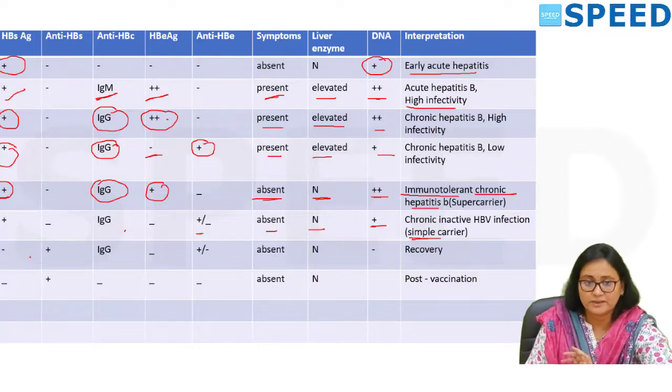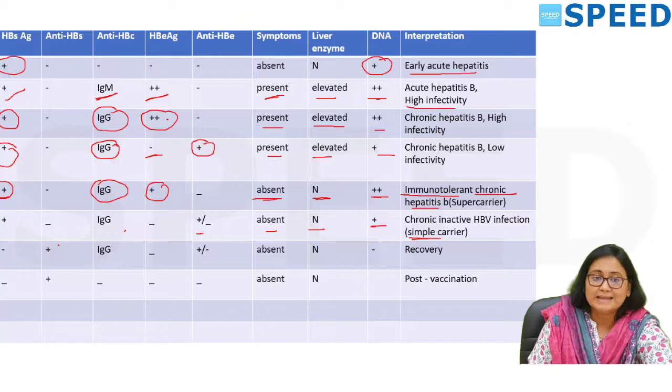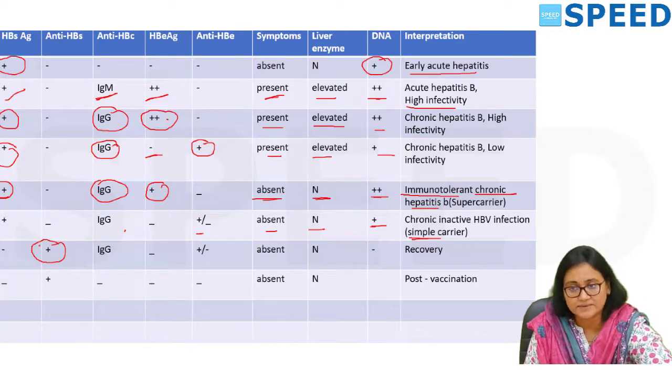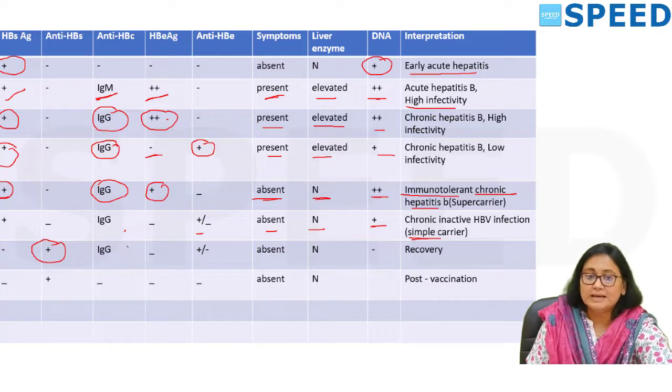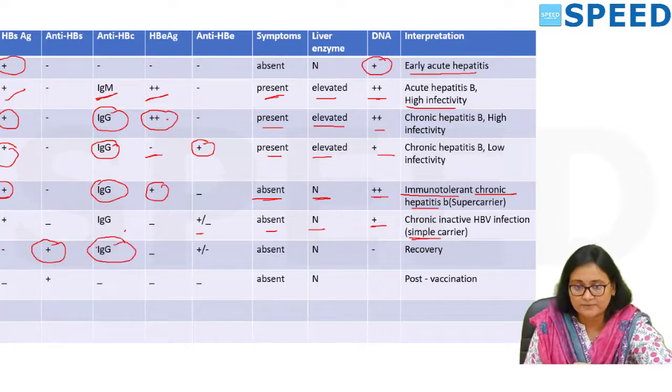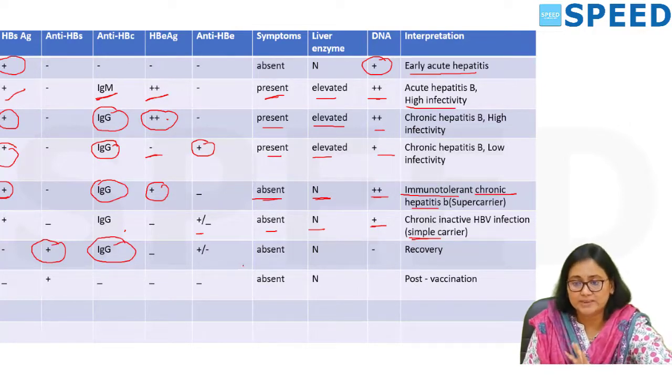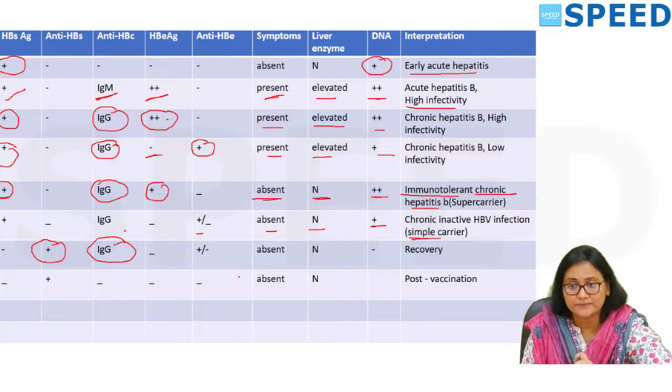It's a case of recovery, you will have anti-HBs, okay, antibody to hepatitis B surface antigen will be there, IgG type of anti-HBc will be there, and you might or might not have anti-HBe. So, that is a case of recovery.